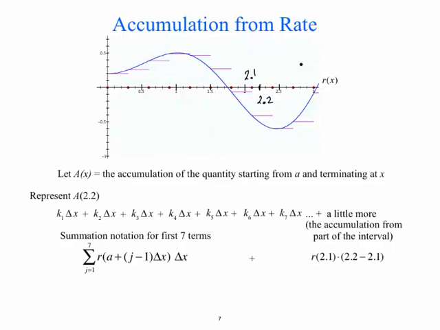So we can express that as, that's the K8, and we can express that little partial interval as 2.2 minus 2.1. Okay, well, what is K of 8? It's R of left of 2.2. And what's 2.1? Left of 2.2.